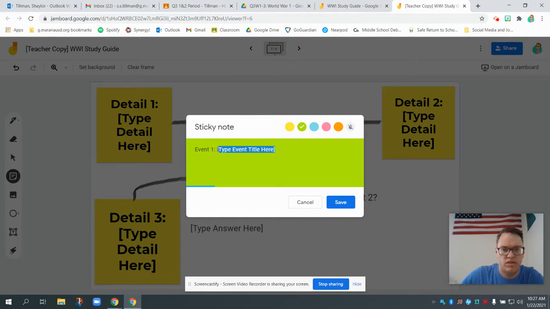You could certainly click the other one and copy and paste it. January 1917, Zimmerman telegram.